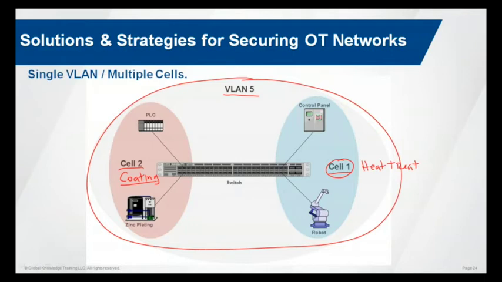What is the problem with that? The problem is obvious. If you use a single VLAN for multiple cells and we have a breach here, let's say this control system is compromised, it's easy to propagate that virus or malware to the other control systems within that same cell, but also to a different cell, because you share the same VLAN.